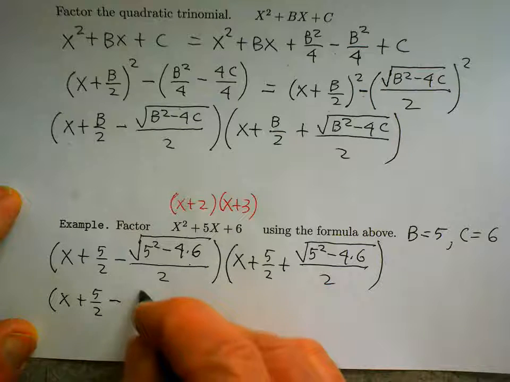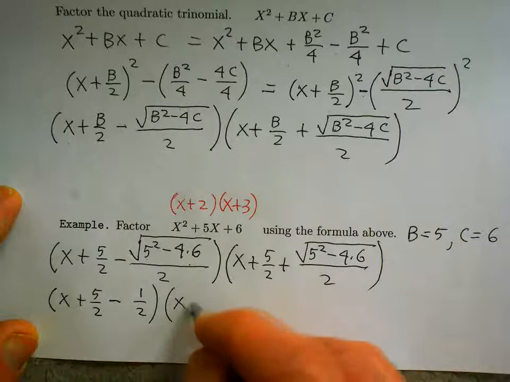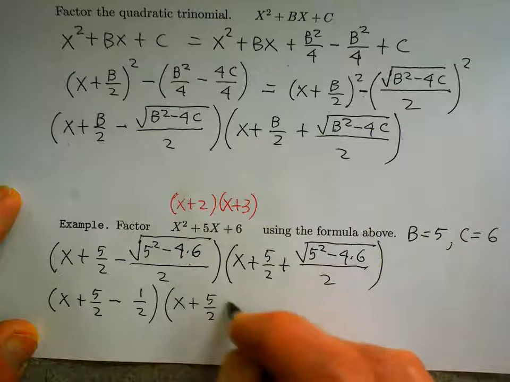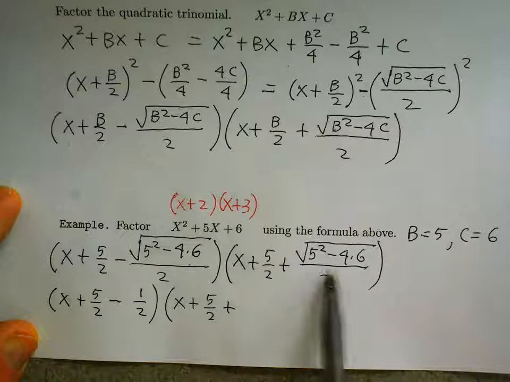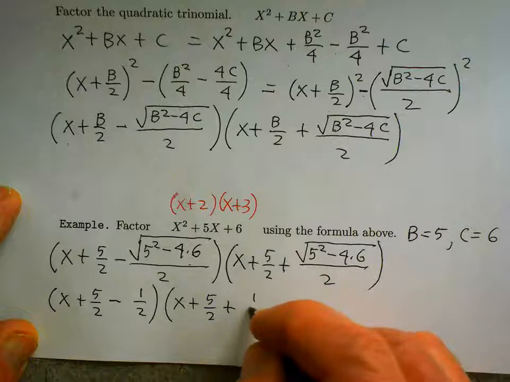So we get minus 1/2. And then for the other factor, we have x + 5/2 plus the same number. The square root of 5² − 4 times 6, all over 2, is plus 1/2.